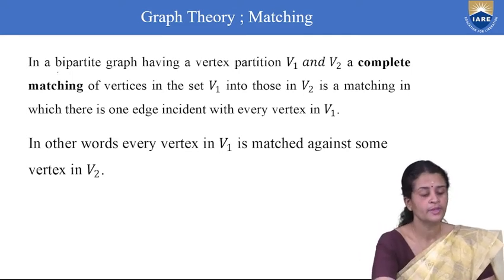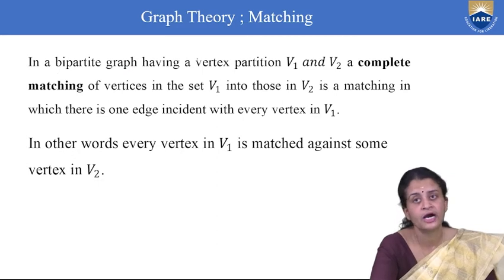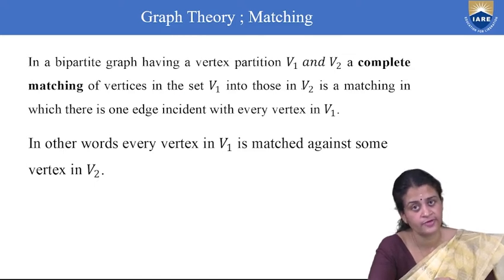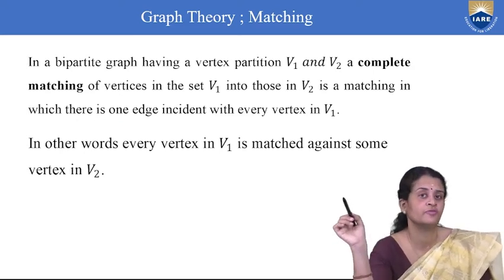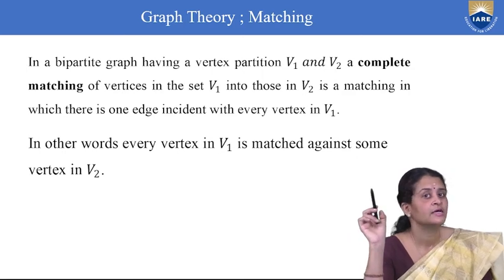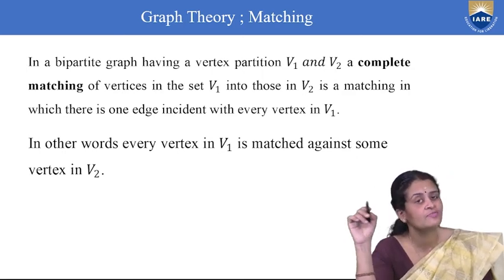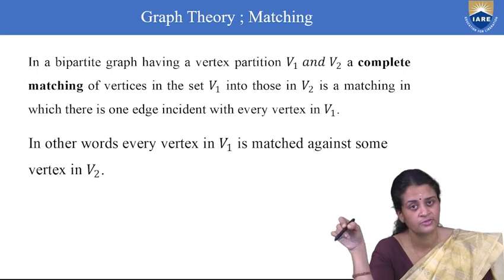Formally, for a bipartite graph having a partition of vertices V1 and V2, a complete matching of vertices in the set V1 into those in V2 is a matching in which there is one edge incident with every vertex in V1. That is, every vertex in V1 is matched to some vertex in V2.